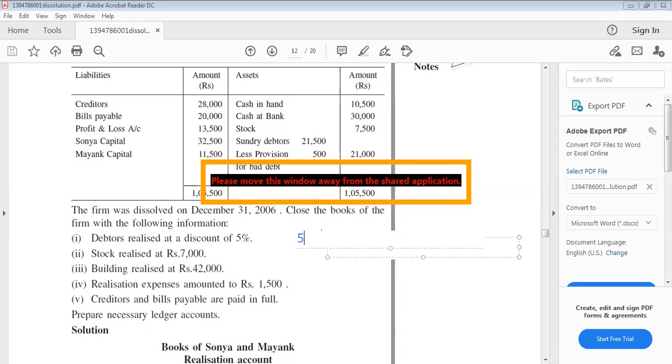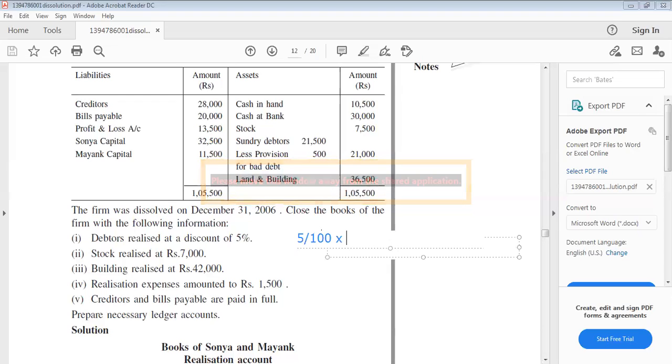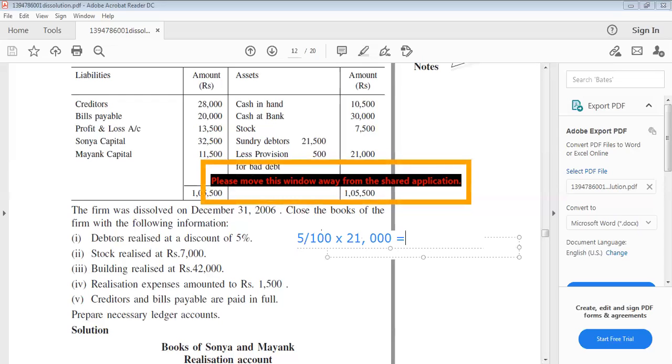Therefore, that would be 5 divided by 100 times 21,000. And that would equal to how much, by the way?